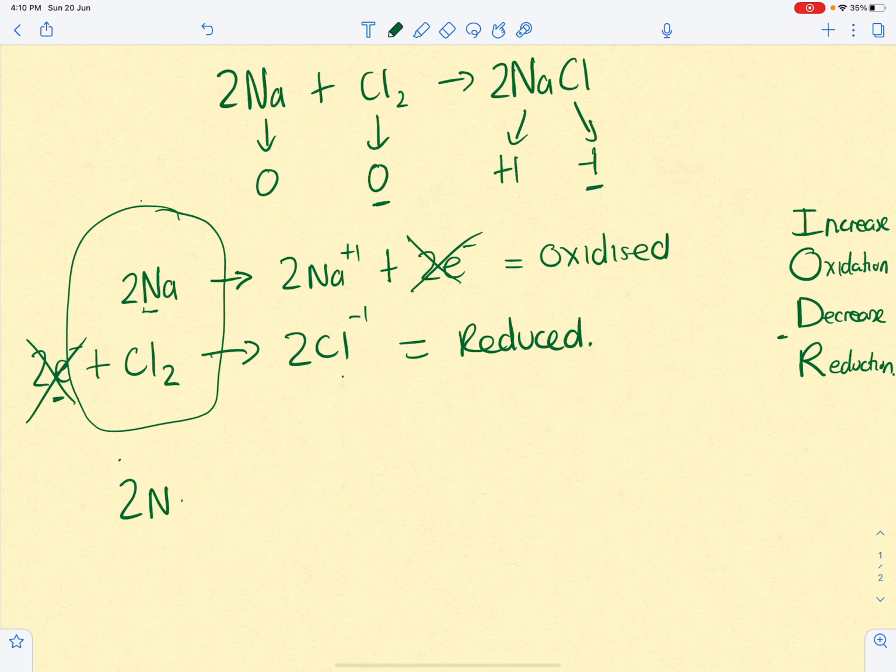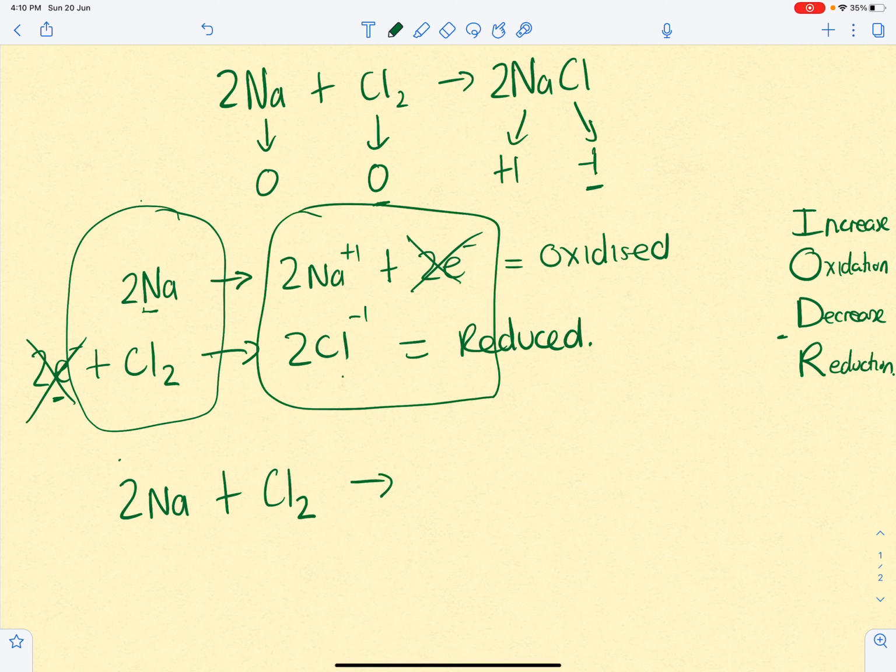So 2Na plus Cl2 makes, now we're going to write everything on this side except for the electrons: 2Na+ ions plus 2Cl- ions. That's a full ionic equation. Easy peasy really, huh?